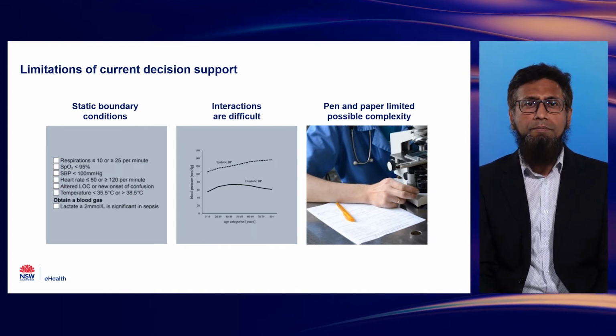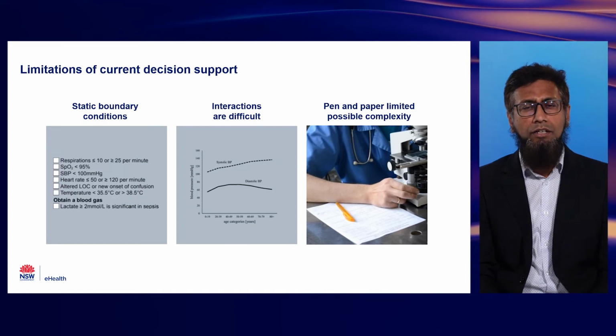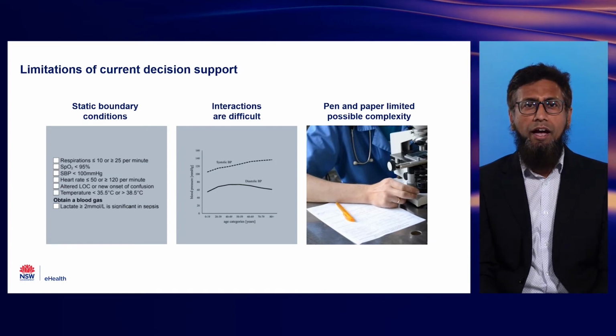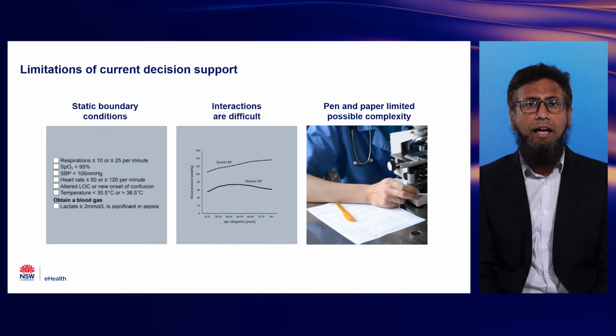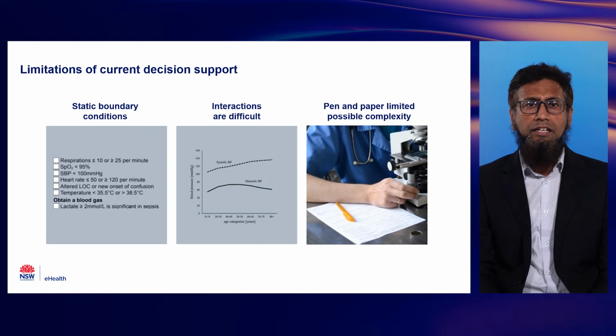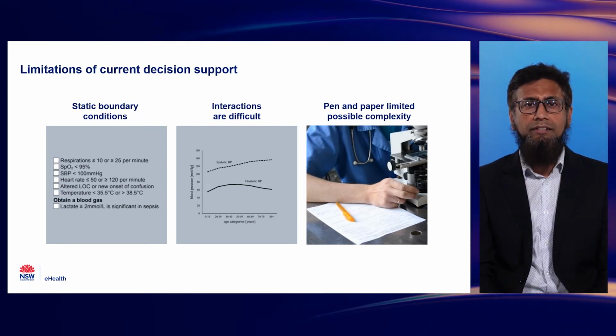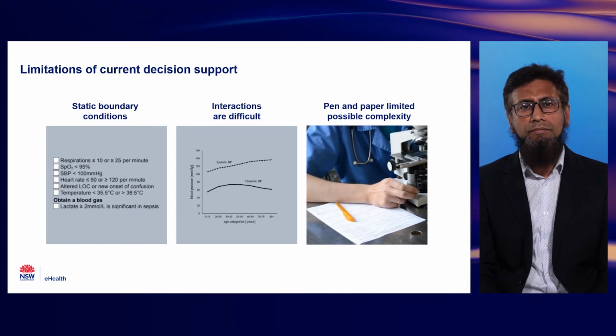Since this is a paper-based approach, clinicians need to calculate the risk manually, which is often difficult to interact with the patient's condition and vital measures. Undoubtedly, ED is a very busy environment where pen and paper-based approach adds another level of complexity.